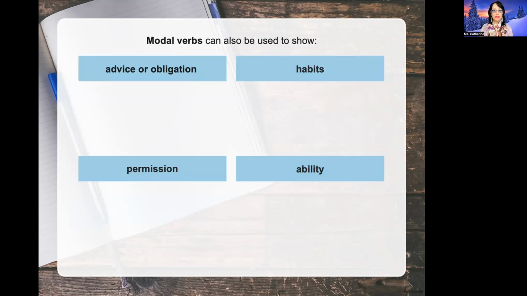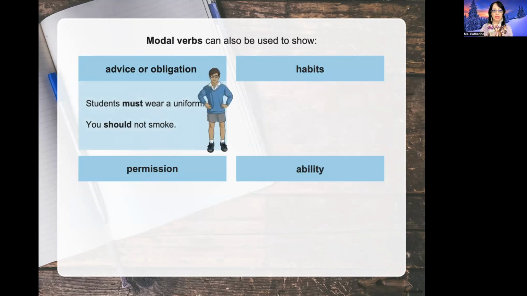Modal verbs can also be used to show advice or obligation. For example, students must wear a uniform. You should not smoke. Is must here an advice or obligation? That's right, it's an obligation. What about should? You should not smoke.